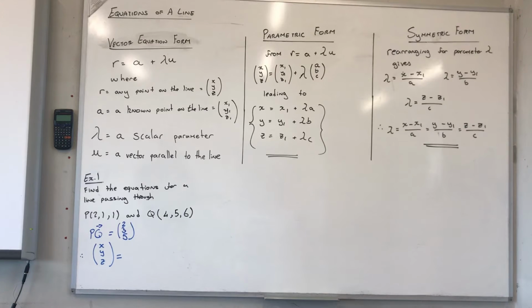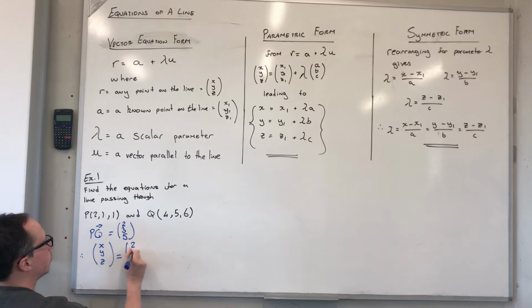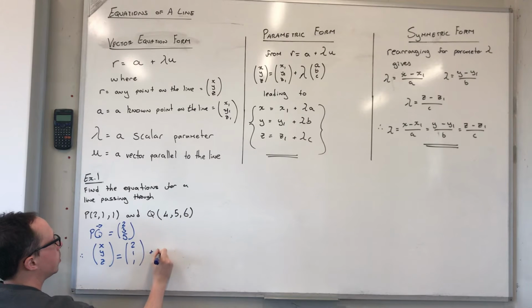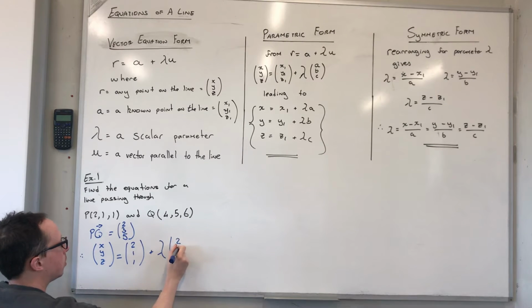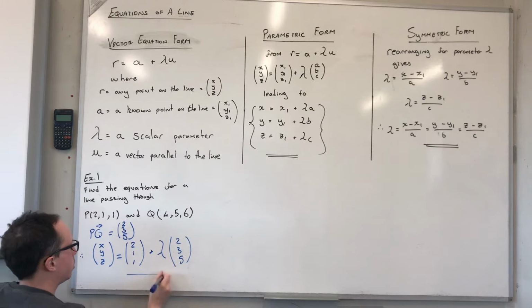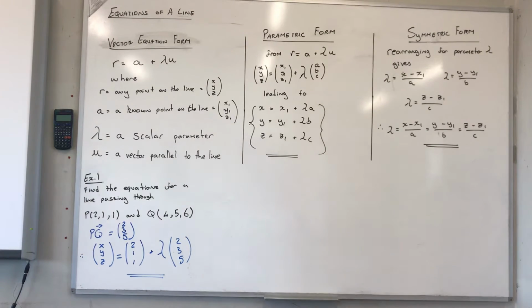So there, I've calculated vector PQ, and remember A is a known point on the line. Depending on which point of the line I'd used, we would have a different answer, but that's the whole point: vectors go on for infinity, so we could have multiple different answers, all depending on which points we use.